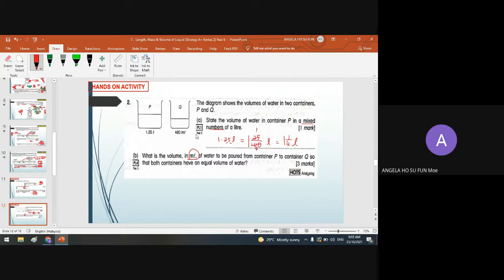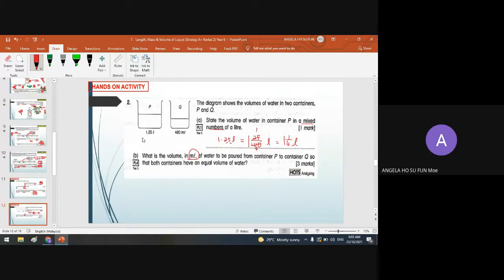If I divide into half, I know how much water is in each container, and it will be the same. Then if I know the amount of water that needs to be put into Q, and Q originally has 480 ml, how much water do I need to add in? So you can minus. That is the first method.